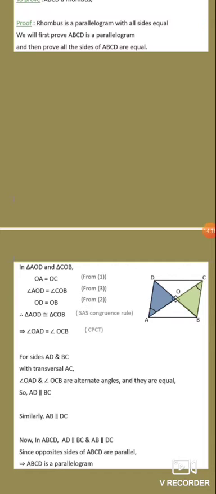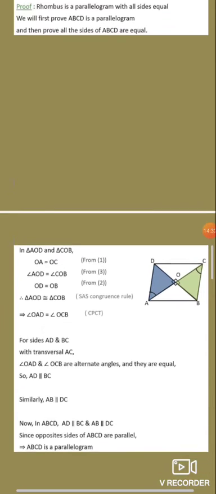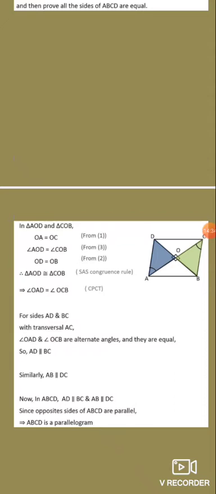Now for the sides AD and BC with the transversal AC, angle OAD equal to angle OCB. What type of angles? Alternate interior angles, and they are what? Equal. So AD parallel to BC. So if those two angles are equal, we can write AD parallel to what?